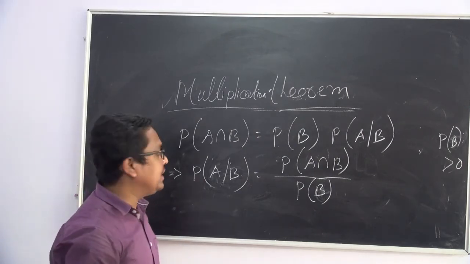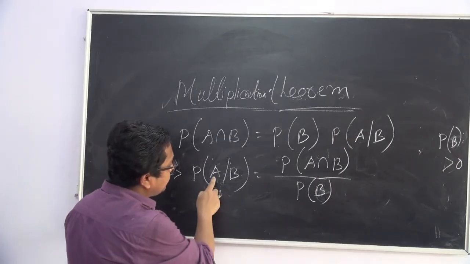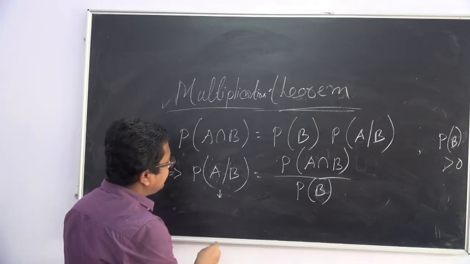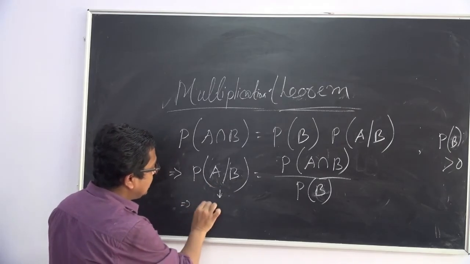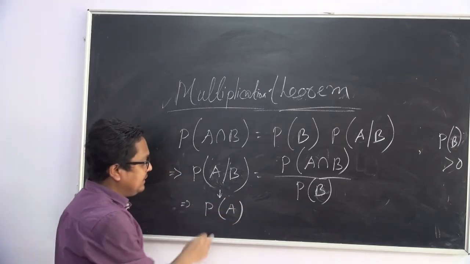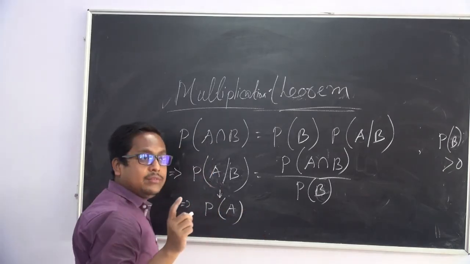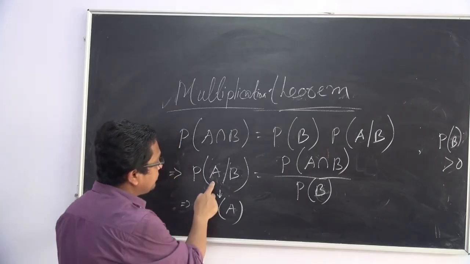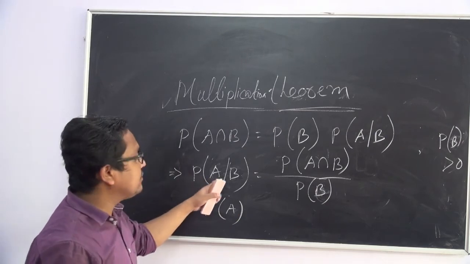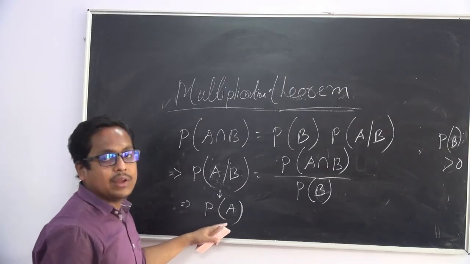If A and B are independent, then probability of A given B will be probability of A only, because the occurrence of A is not influenced by B or any other event.